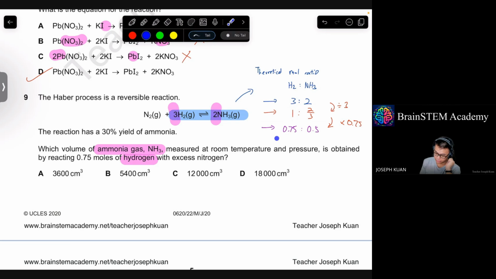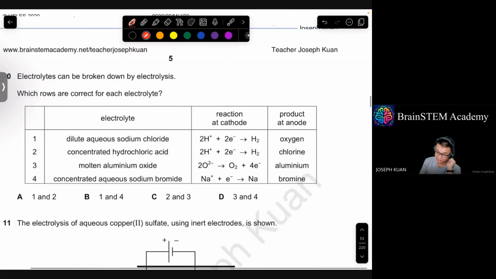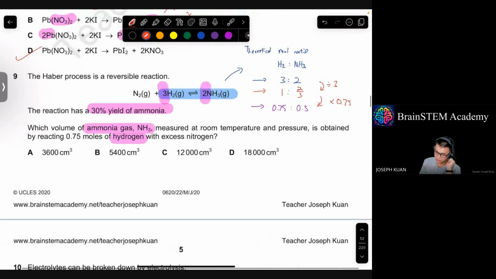Right, so you get this theoretical mole ratio. Then look at the question. It says that although in theory you should get 0.5, in real life that's not ideal. You get 30% yield instead. So you just try to find, okay, 0.5, I'm only getting 30% out of it, which is 30 out of 100. Take that and then try to find the answer. That should be 0.15.